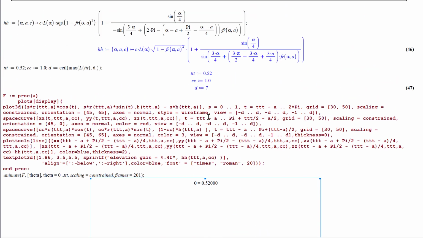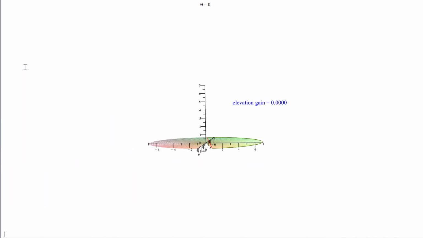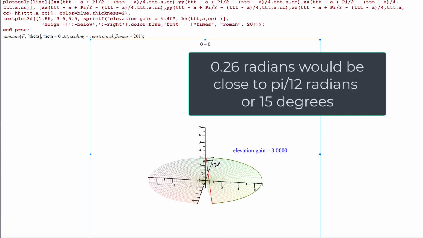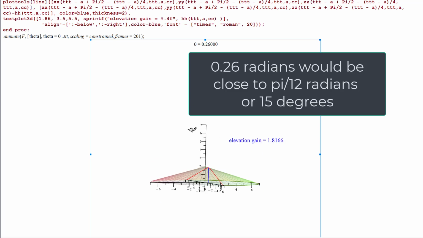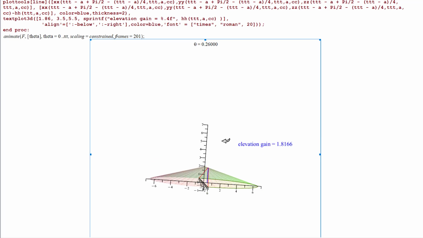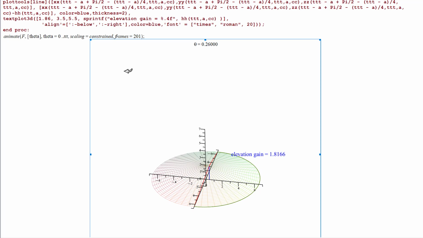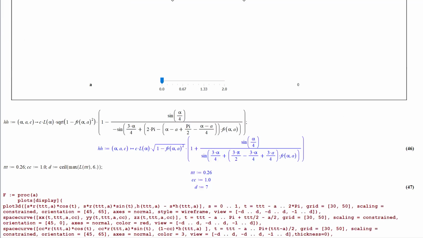Make it a little smaller. And cut that in half, say 0.26. So that would be pi over 8, 22.5 degrees. Right, so you're getting much closer to almost just, why not just go straight over the hill? But that would be a longer distance. And I can't help myself.